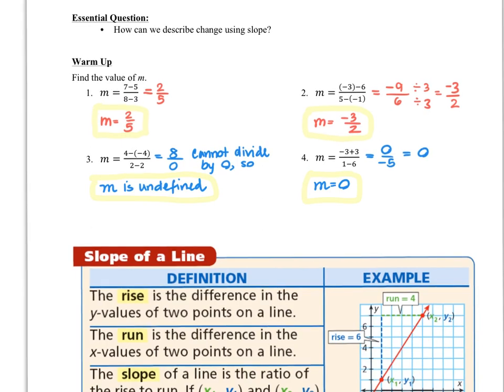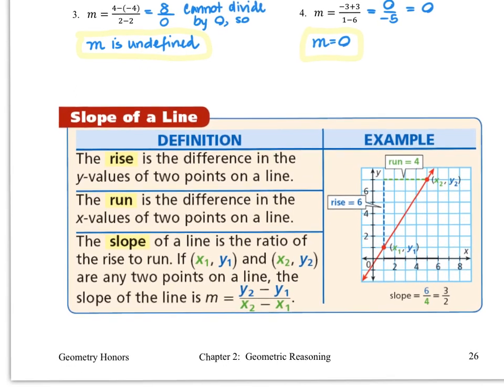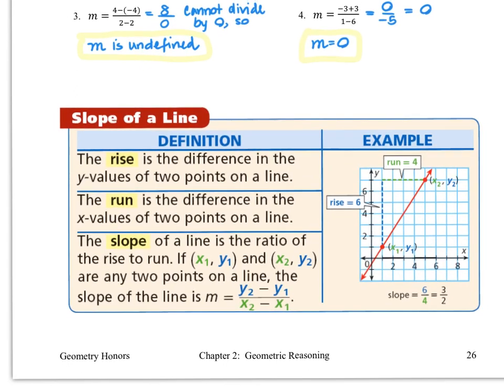All right, let's take a look at the box about slope of a line. It says rise is the difference in the y values of 2 points on a line. If we have the graph in front of us, we can count how many units it is: 1, 2, 3, 4, 5, 6 units.